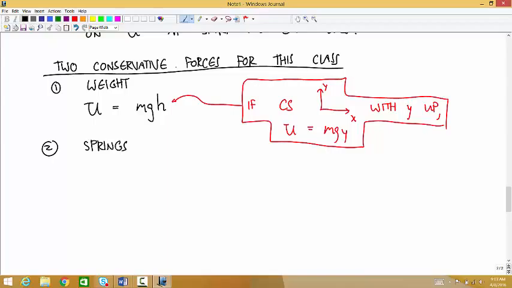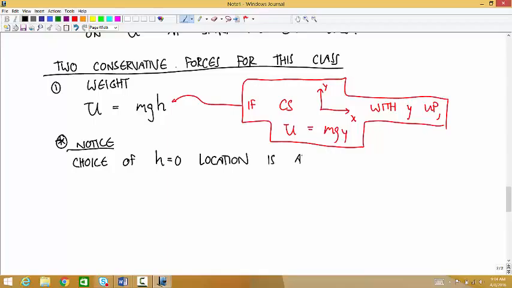And for springs, one other thing I want to say about this is an important thing to keep in mind when you're using the potential energy for the weight. So notice your choice of your h equals 0 location, what you're calling 0 height, is arbitrary.